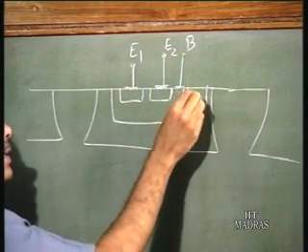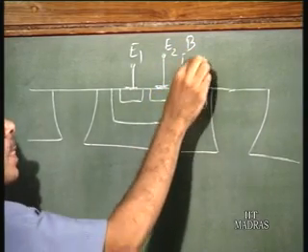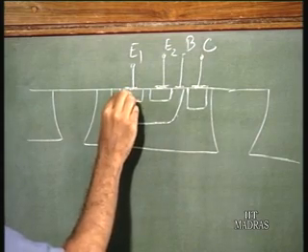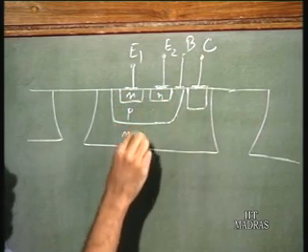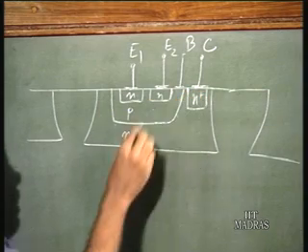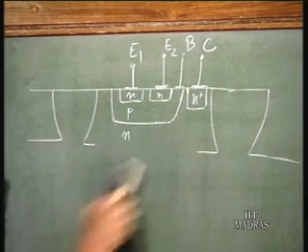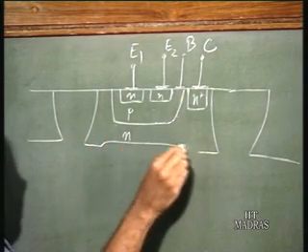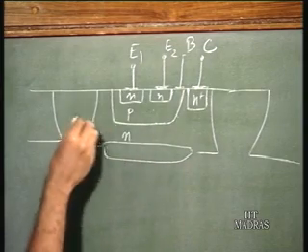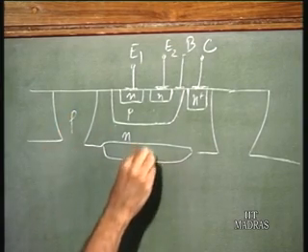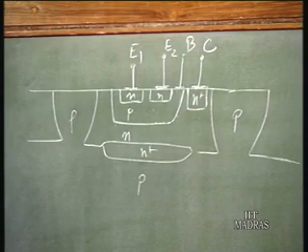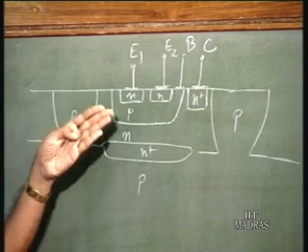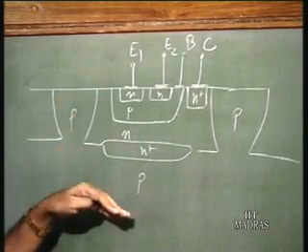This is the collector. So this is NPN. This is N plus. Of course, you have the buried layer here also, and this is P. So this is the cross-sectional structure of a multi-emitter transistor.